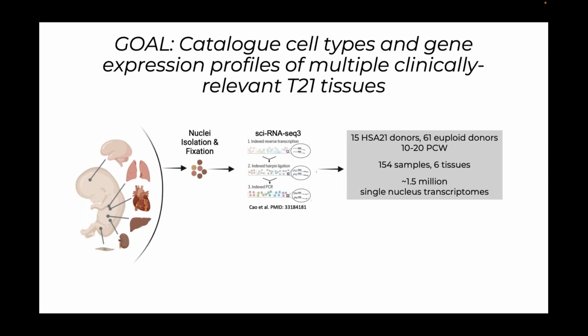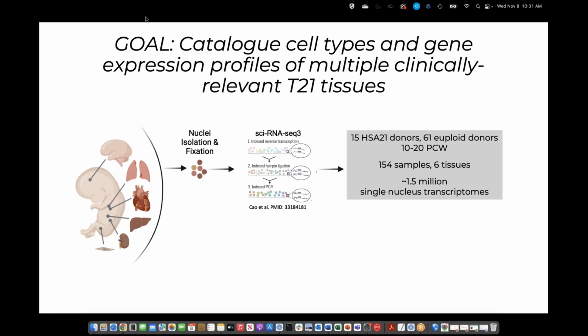And we isolated nuclei and fixed those nuclei from 5 different organs, as well as skin fibroblasts, and we performed RNA-seq3. So this is a combinatorial indexing approach to investigating RNA expression in individual cell types. In total, we recovered 1.5 million single nucleus transcriptomes within our developmental atlas, which comprised 154 samples among the 6 tissues at the left-hand side, and within 76 specimens.